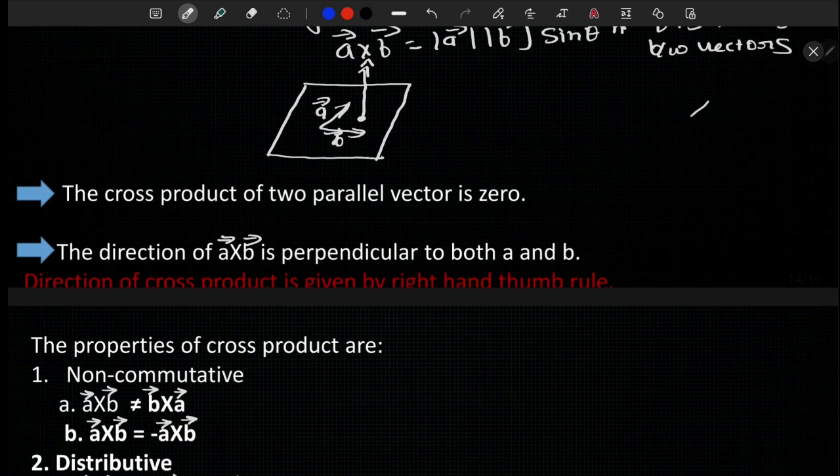Suppose this is vector a and this is vector b. So what we will do, we will keep our hand in this direction and fold our fingers in the direction from a to b, and the direction in which our thumb is pointing will give us the direction of the cross product.